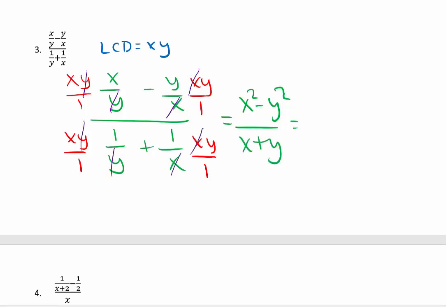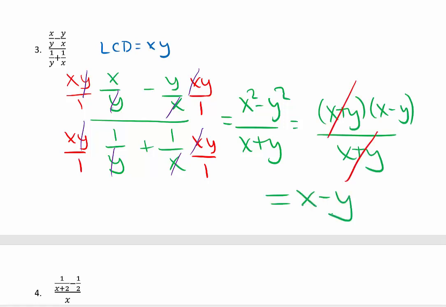In the denominator, we get y's and then x's canceling, and we're left with x plus y. Finally, I should factor to see if I have any common factors, and I notice that the numerator is a difference of perfect squares. We can factor that numerator as x plus y times x minus y. My common factor is now x plus y, and I'm left with an x minus y.